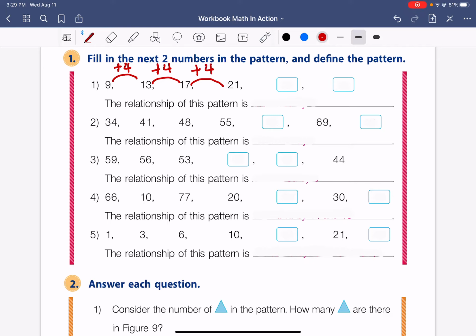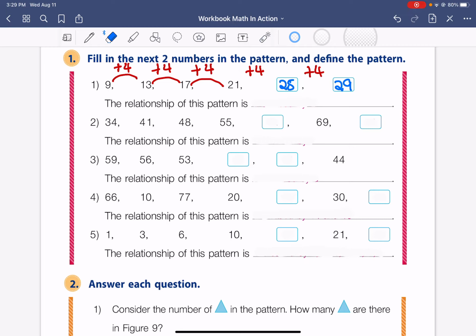So the relationship of this pattern is, we're always going to add 4. So 21 plus 4, we get 25. Plus 4, we get 29. We're always adding.